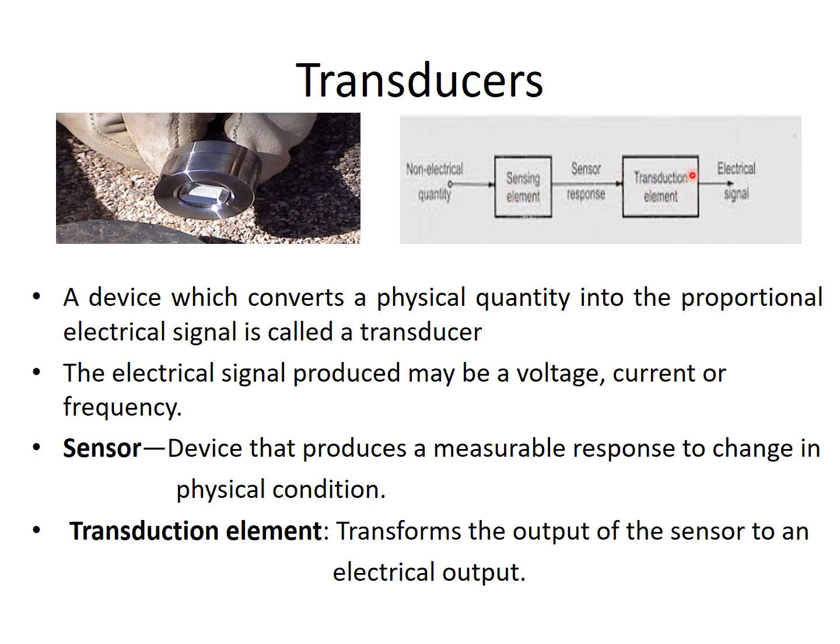The transduction element gets the input from the sensing element, that is a non-electrical quantity. So it will sense whether it is a temperature or a pressure or whatever the non-electrical quantity may be, and it is given to the transduction element. The transduction element converts this into the corresponding electrical signals. So these two blocks form the transducer.